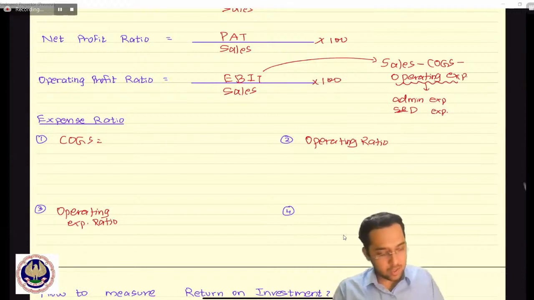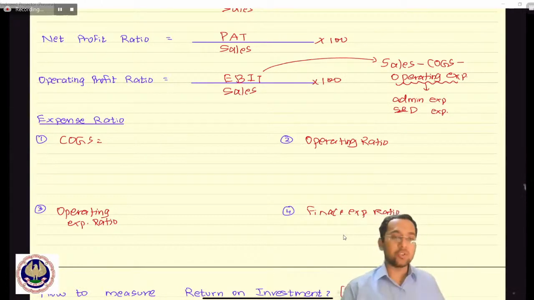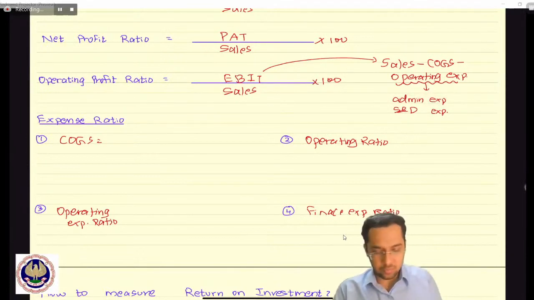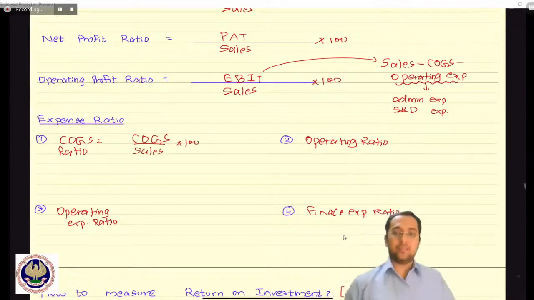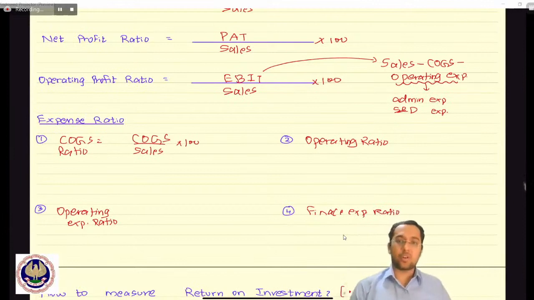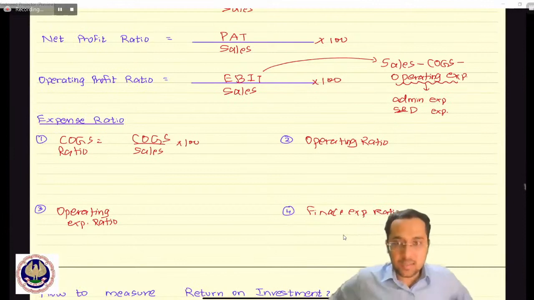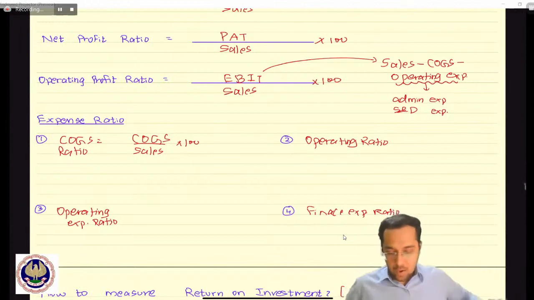Then the other is simply finance expense ratio. COGS ratio is simply called the cost of goods sold ratio. That is simply COGS upon sales into 100. So it simply says what proportion of sales is COGS.